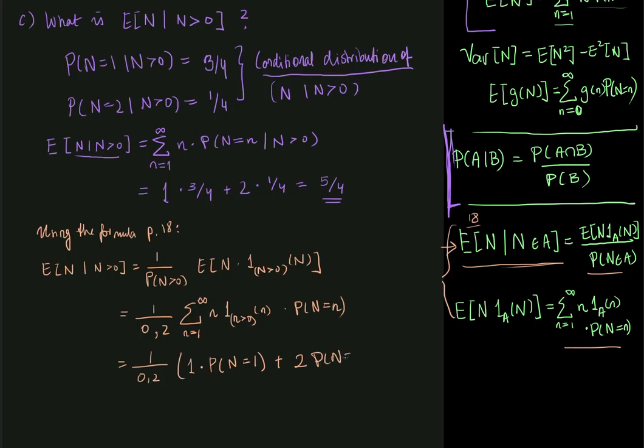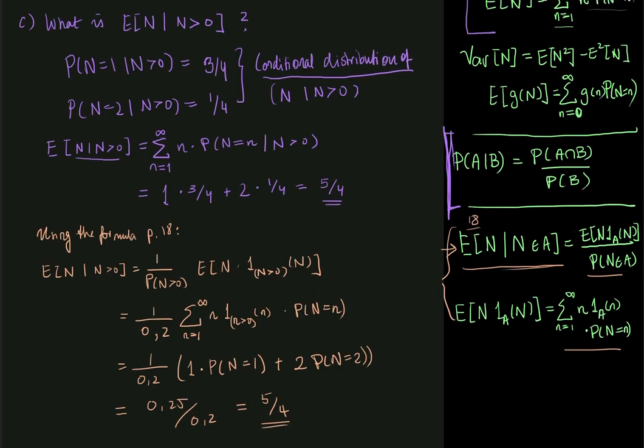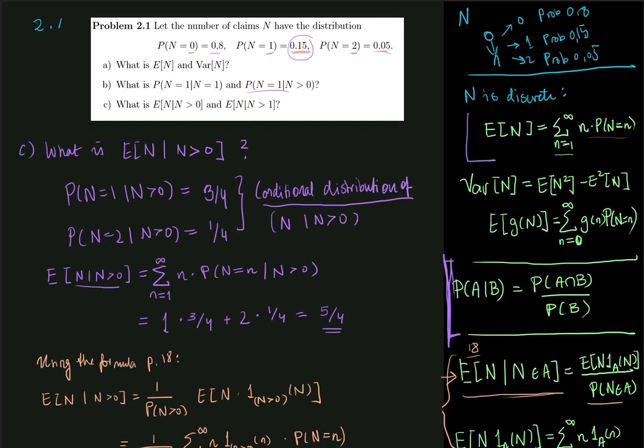And then we just multiply with the probability that n is equal to 2. And this is equal to 0.25 divided by 0.2, which is equal to 1/4 over 1/5, which is 5/4. So we arrive at the same result by the two different approaches.